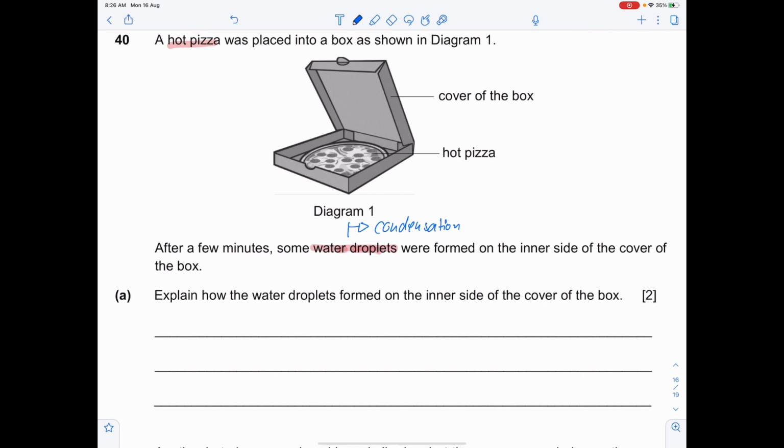When it becomes warmer, it rises up. So you say the warmer water vapor then touches the cooler inner surface of the box, loses heat to it, and condenses to become water droplets.